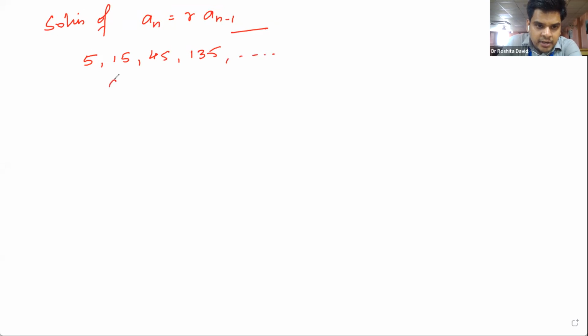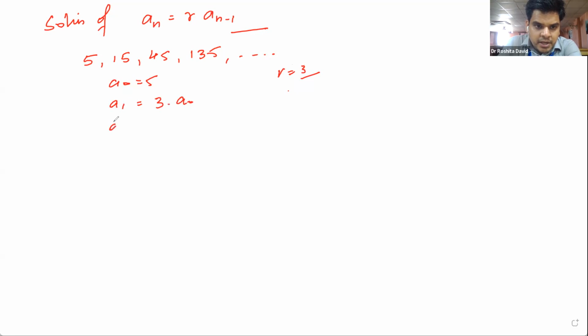So here I can write A0 is 5. Using the relation An equals r An minus 1, A1 is equal to r, which is 3 here, times A0, which is 5. An minus 1 means A0.